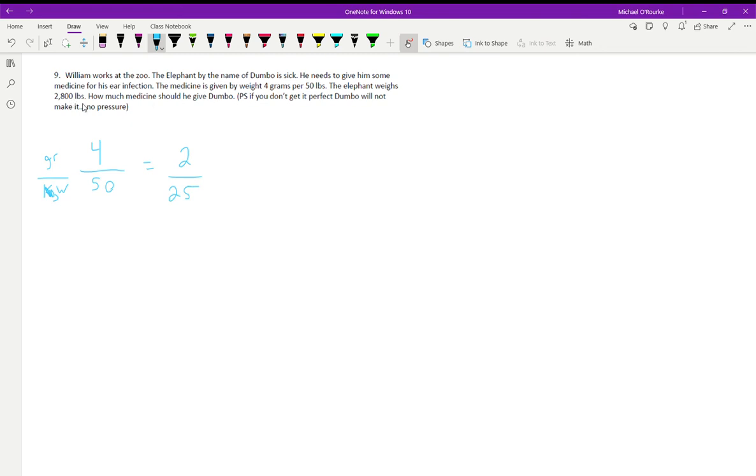Now, we did medicine over weight. That's what we kind of did. So 2 over 25, and Dumbo weighs 2,800 pounds, and we're trying to find this. Okay, so how many times is this going into this?